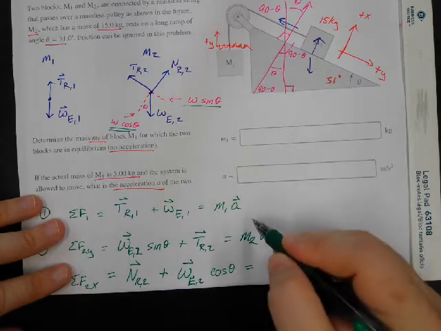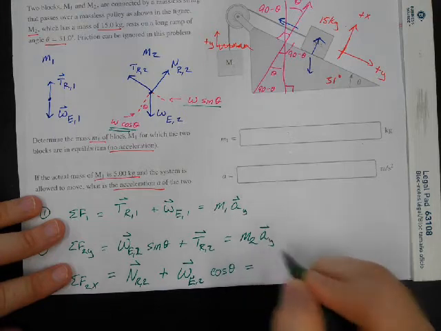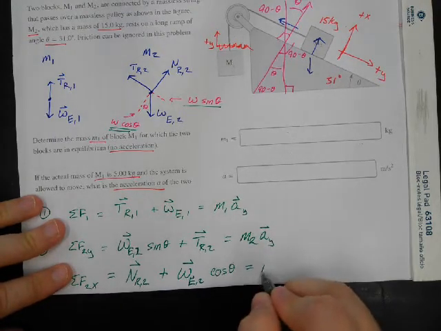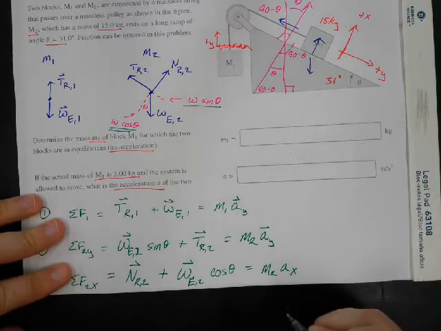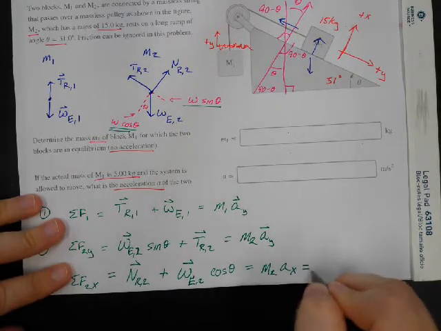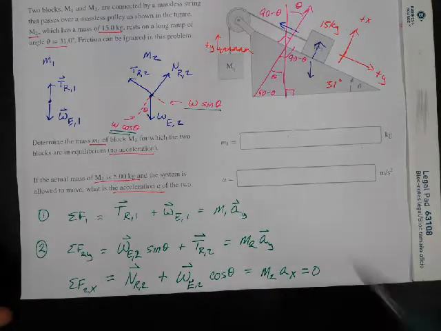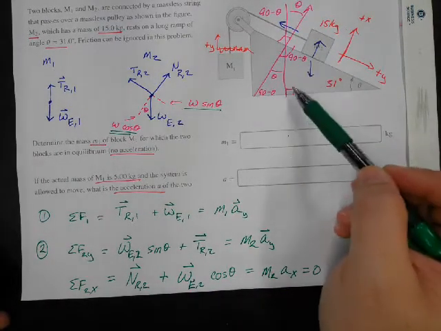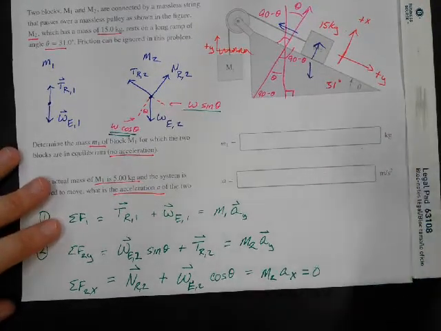And we should note that this will be mass 2 times any acceleration in the x direction. But we can reason that that's 0 in both problems, because it's a surface in contact, and this ramp's not moving, so the block isn't moving off of the ramp.